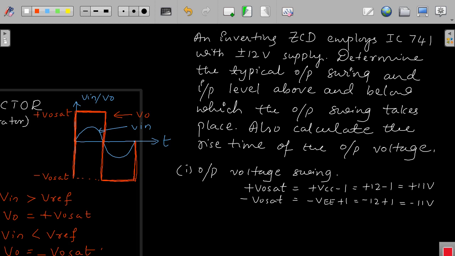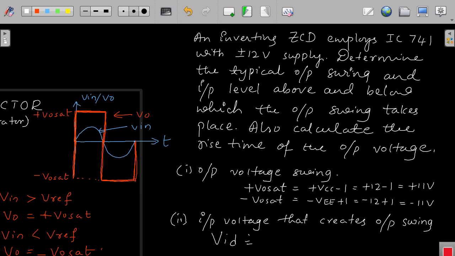The second value you need to take here is the input voltage that creates output swing, VID, which is approximately equal to, we had taken one formula earlier.